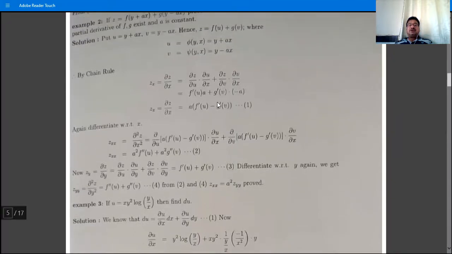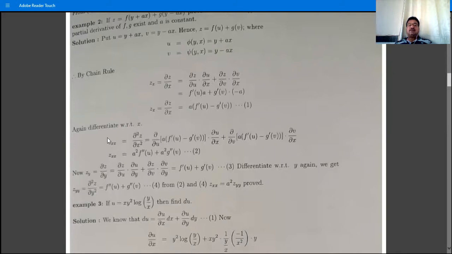Here is again the chain rule. If we have zx as this, then its derivative is again by chain rule, because we have ∂/∂u of this quantity into ∂u/∂x, plus ∂/∂v of this quantity into ∂v/∂x. Okay, so chain rule, because zx is a function of u and v, and u and v are functions of x and y.